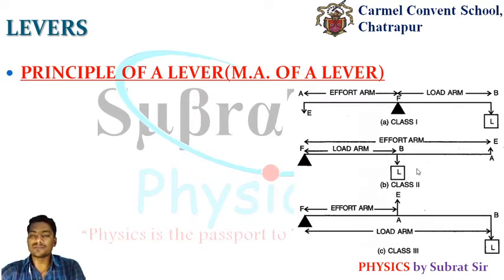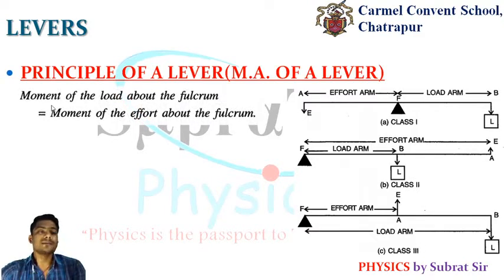So in class 2 lever also like that, in class 3 lever also like that. Now you can say, suppose you see any of the figures, the moment of the load about the fulcrum is equal to the moment of the effort about the fulcrum.